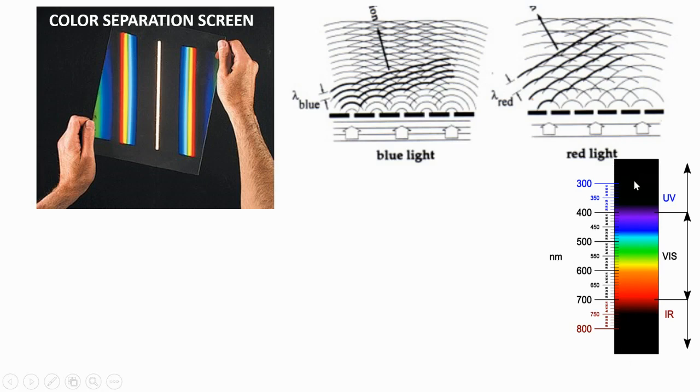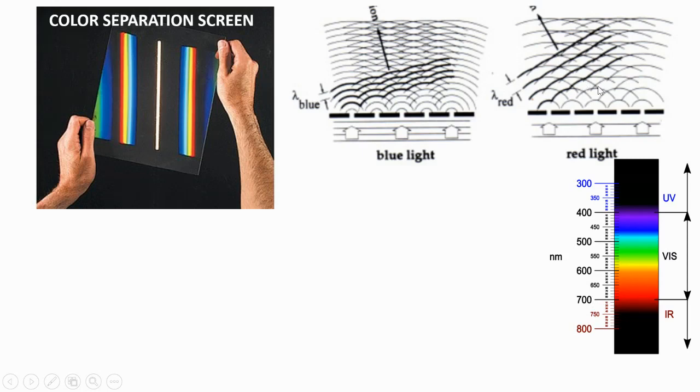Here is the section of the spectrum, the EM waves. This section is the infrared, this is the visible light, and this is the ultraviolet. We are going to be looking at just this section that corresponds to the visible light, which ranges from 400 nanometers, violet, to 700 nanometers, which is the red color.